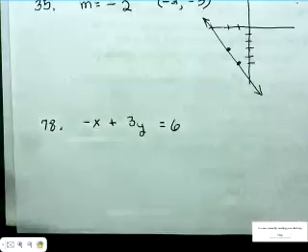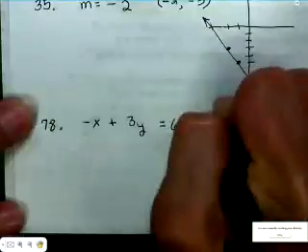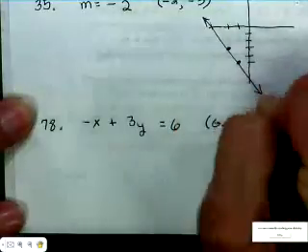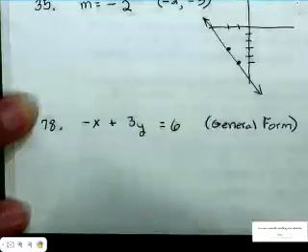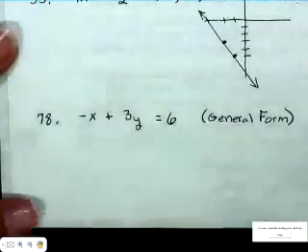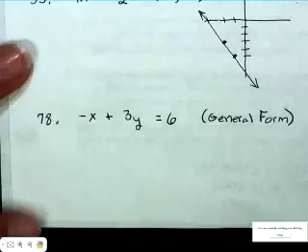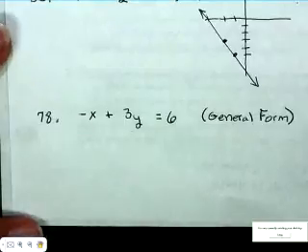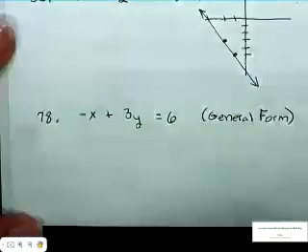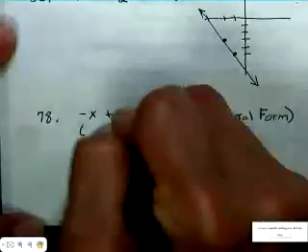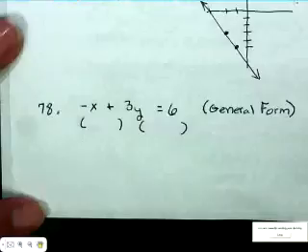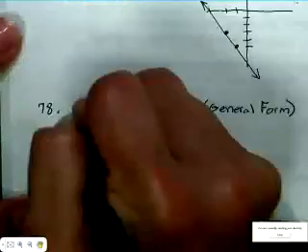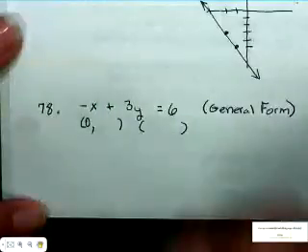But if the equation is in general form, and that's the first thing I think when I see that equation that has the x and y on one side and the constant on the other, the fastest way to graph that function is just find two ordered pairs by letting the x be 0 in one and letting the y be 0 in the other.